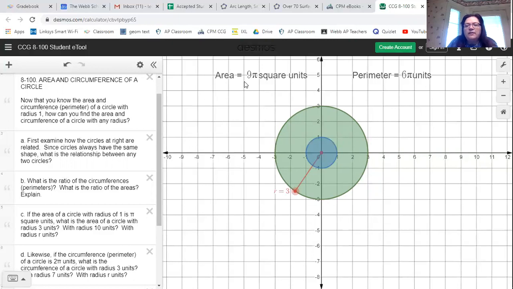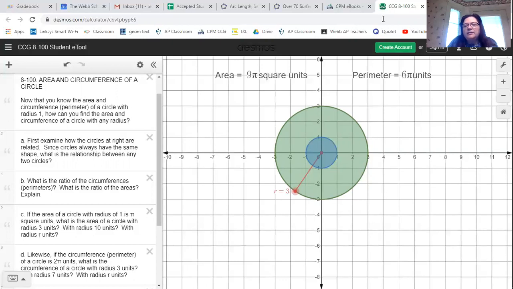So make sure that you have that in your notebook. The area of a circle equals pi r squared. Similarly, the perimeter, or the circumference of a circle, is 2 pi r. So if r is 3, then 2 times r is 6, times pi, 6 pi.